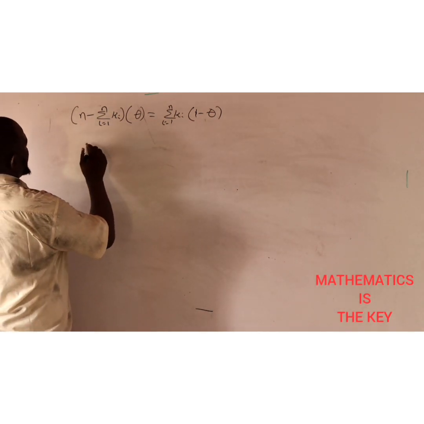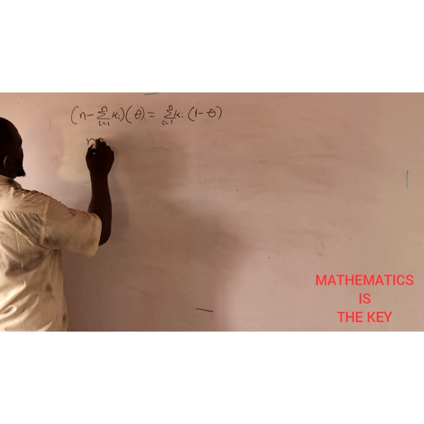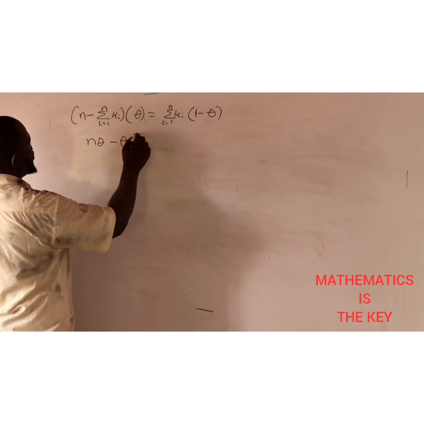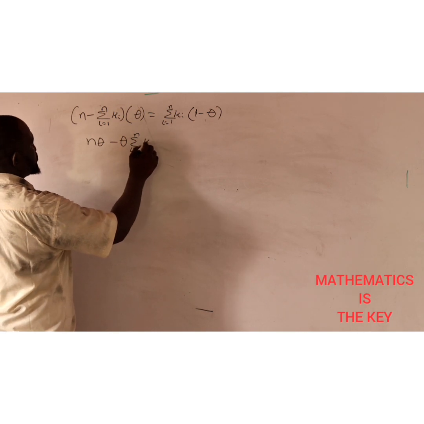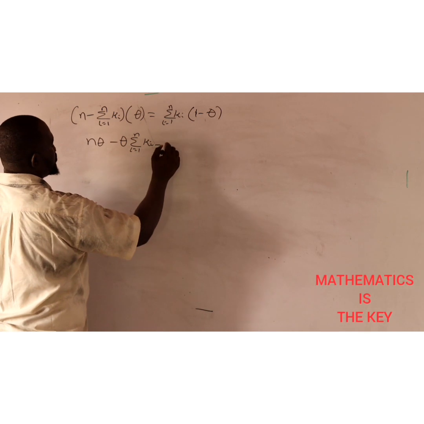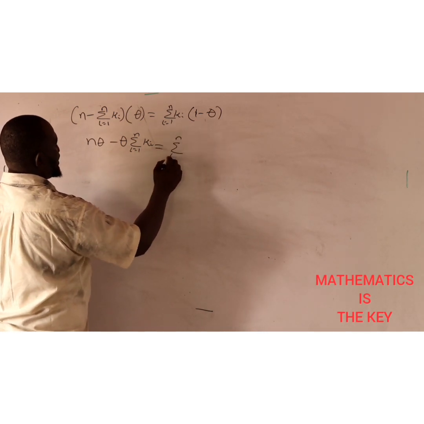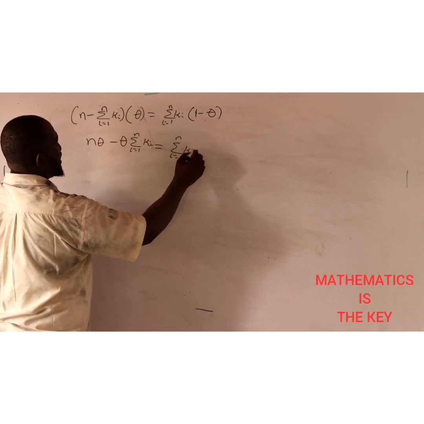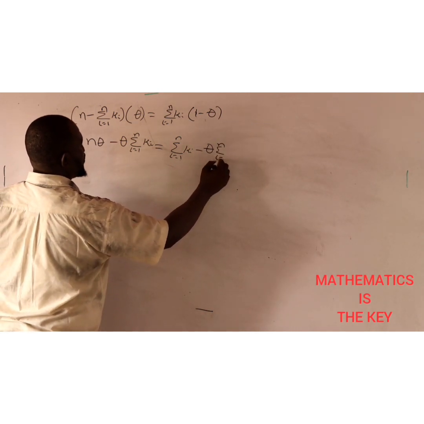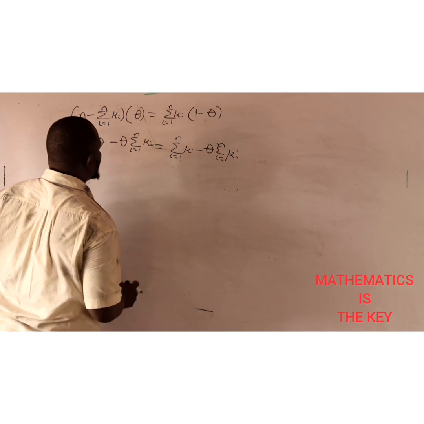So here we are going to have nθ, opening the bracket, minus θ summation from i = 1 to n of ki, is equal to summation from i = 1 to n of ki minus θ summation from i = 1 to n of ki.